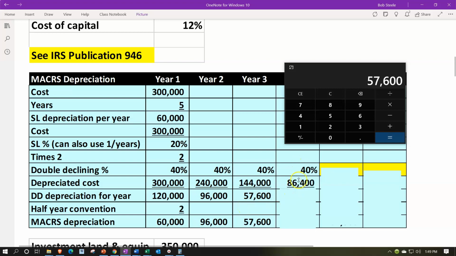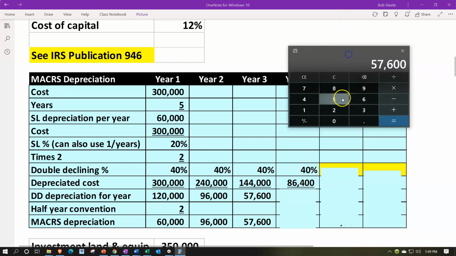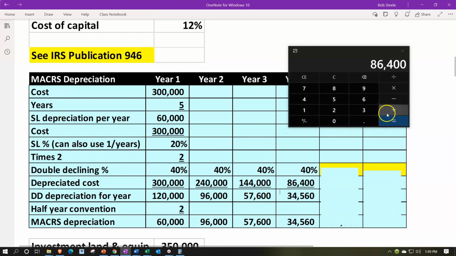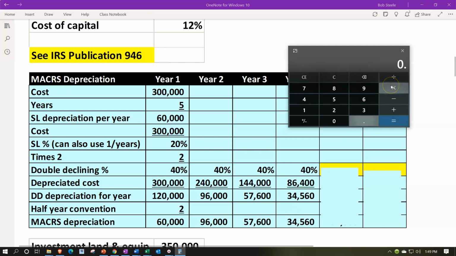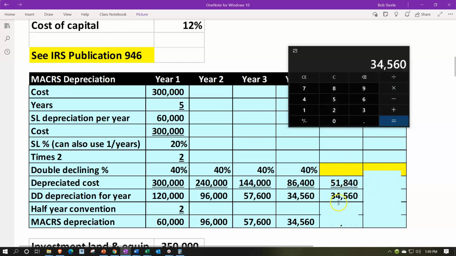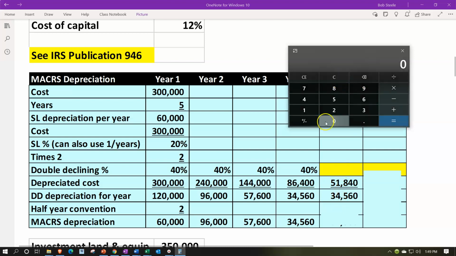Then we take where we were at, the depreciated cost of 144,000 minus the 57.6, which gives us the 86,400. The 86,400 times the 0.4 is the 34,560. Then we take the 86,400 depreciated cost minus the 34,560.